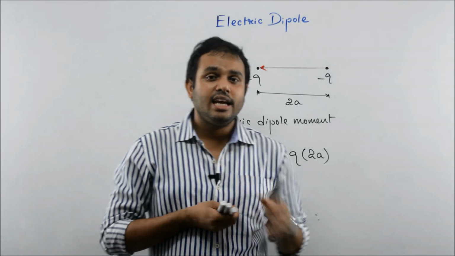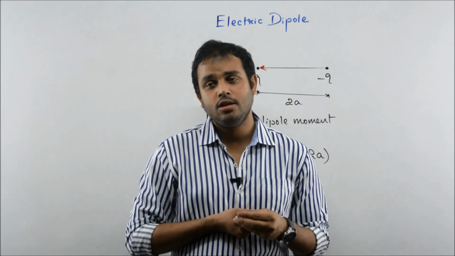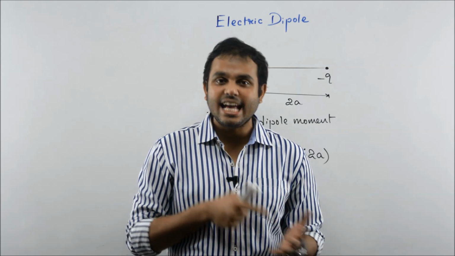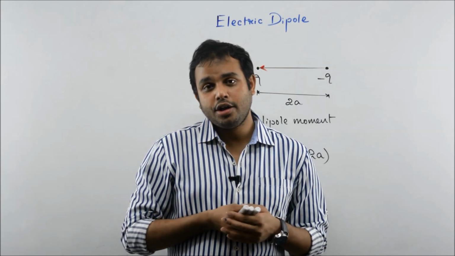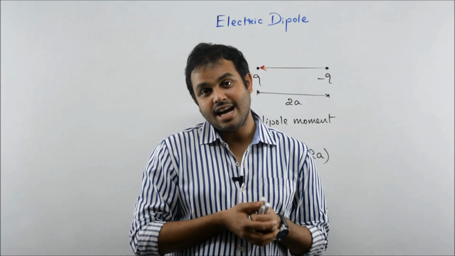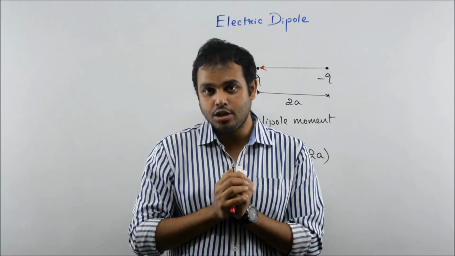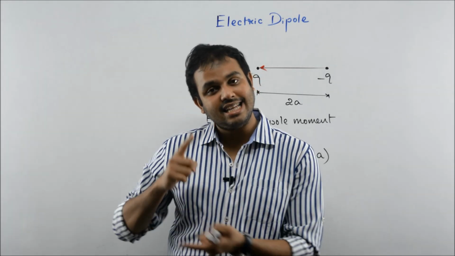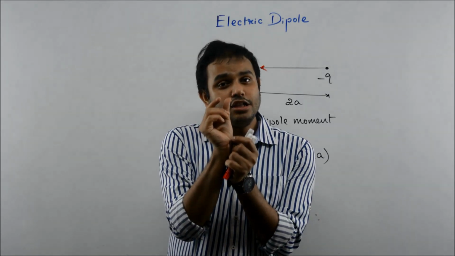Now what happens in our surrounding? There are a lot of molecules like HCl, H2O, CH3COOH. In these molecules, the net positive charge and the net negative charge are of equal magnitude, and they are separated by a very small distance.